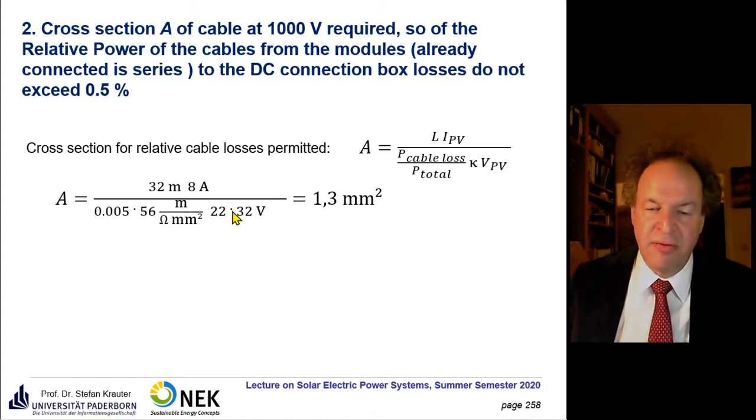The voltage at maximum power point is 32 volts. So we have 22 times 32 volts. And this is the loss here, 0.005, and the conductivity of the copper cable. So we arrive at a cross-section area of that copper cable of 1.3 square millimeters.